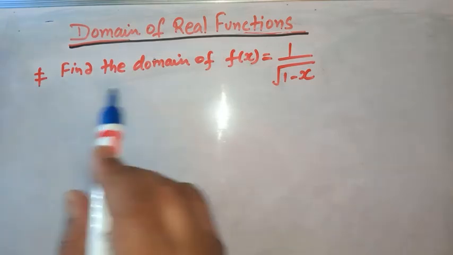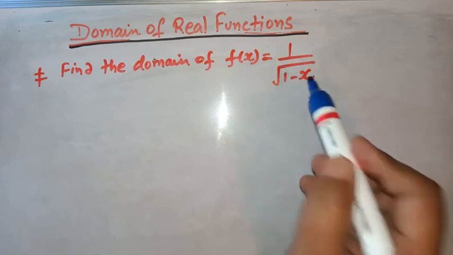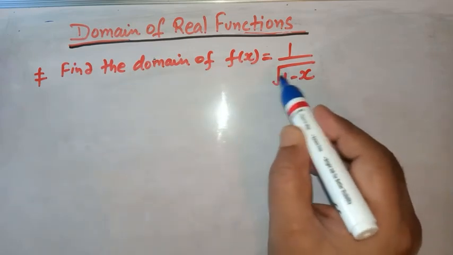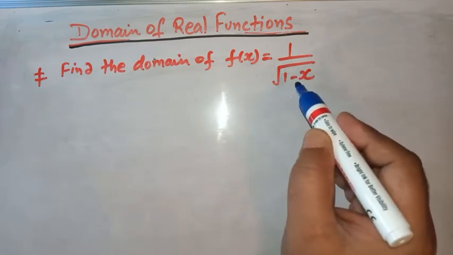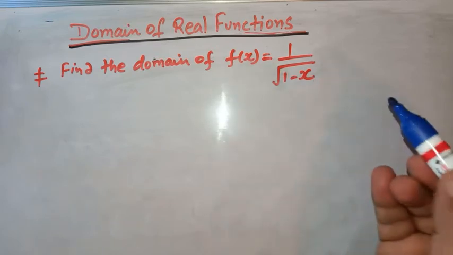We have to find the domain of f(x) equal to 1 over square root of 1 minus x. So here obviously we see that inside the square root sign we cannot afford to have a negative number because we are talking about real functions.